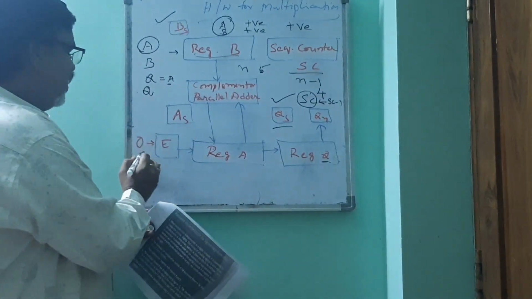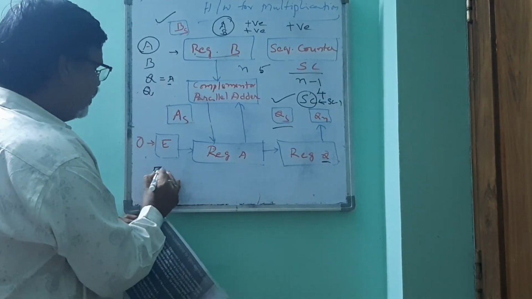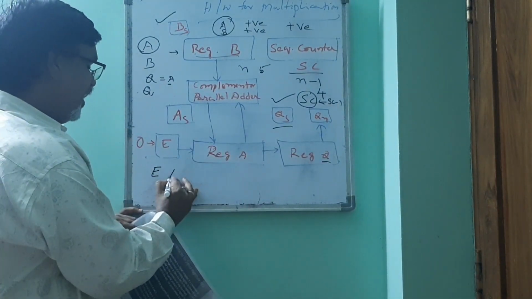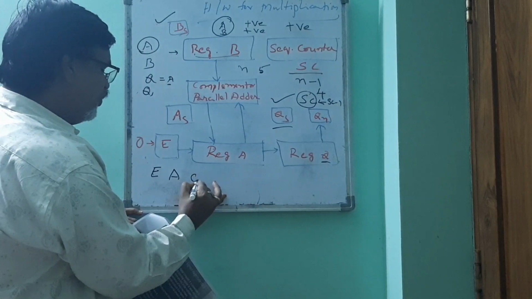Initially E is a 1-bit position, A is there, and Q is there.